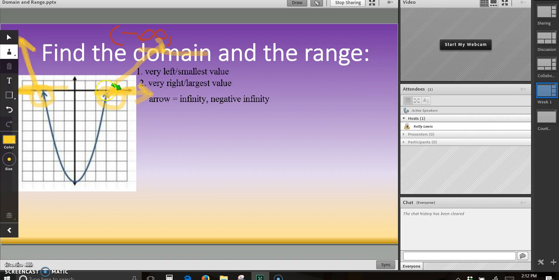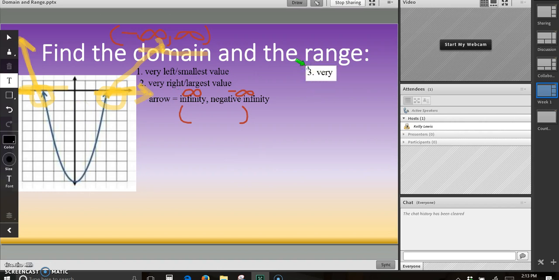So this is 1, 2, so that's 4, and then it will go to 5, and then 6, and 7, and 8, and so on. So there's an arrow, so it's infinity. And anytime you have infinity, you have parentheses, whether it's negative or positive infinity. Negative infinity looks like a sideways 8 with a negative sign, and positive infinity is just a sideways 8, no negative sign. All right, range.